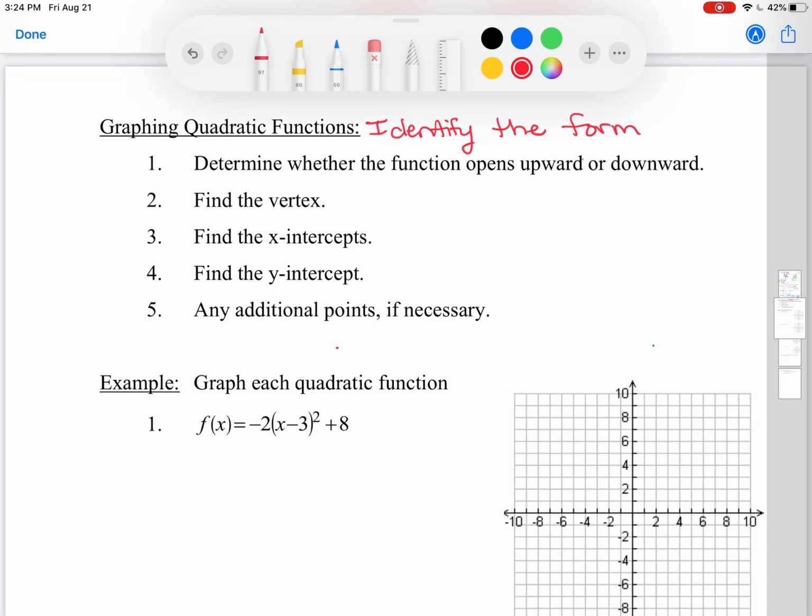Once I know what form I'm working with, these 5 steps will be a breeze. Okay? So as we go through, identify our forms. Then step 1, determine whether the function opens upward or downward. Again, that's all in reference to whatever our a value is. Step 2, find the vertex. 3, find the x-intercepts. 4, find the y-intercept. And 5, any additional points if necessary.